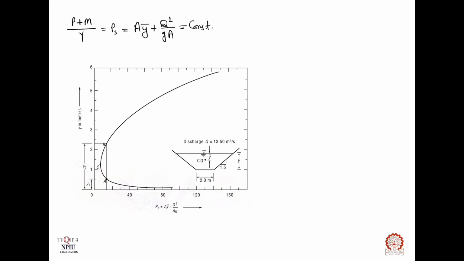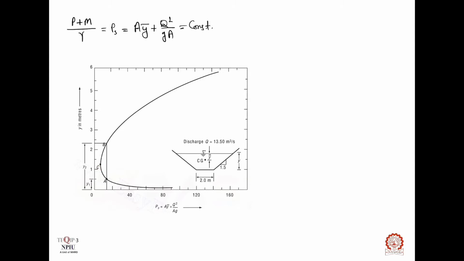Then there will be two limbs in this curve. This is one limb, this is another limb. The lower limb represents the supercritical flow and the upper limb represents the subcritical flow, and the point C, which is the merge of these two limbs, represents the critical flow condition in the channel.